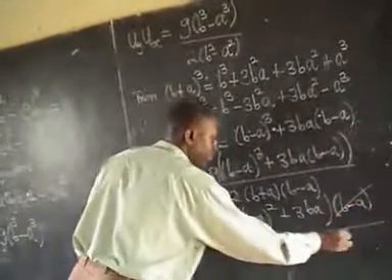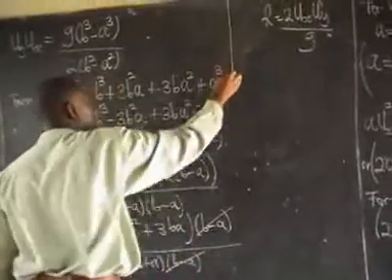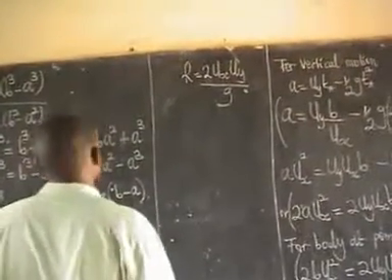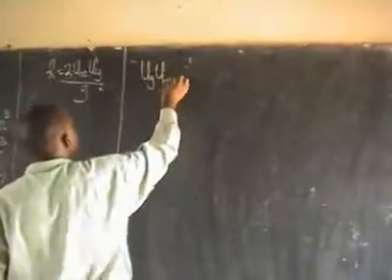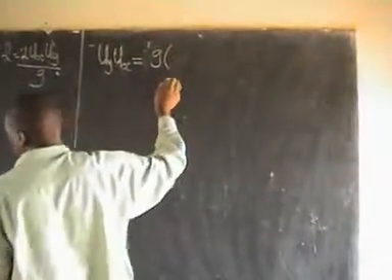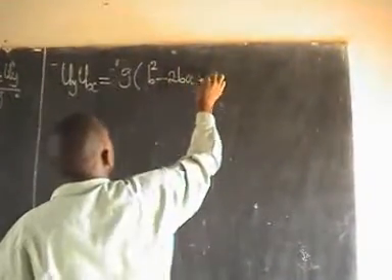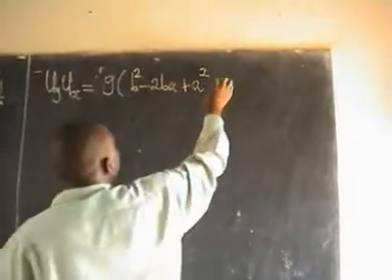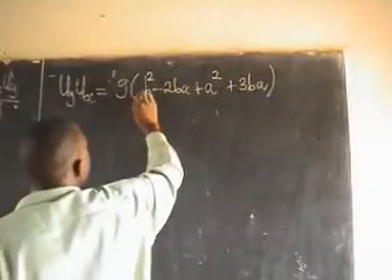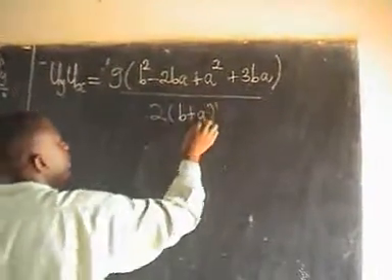So this one vanishes with that, and therefore we shall now have ux being equal to g bracket b squared minus twice ba plus a squared plus 3ba over 2 into b plus a.